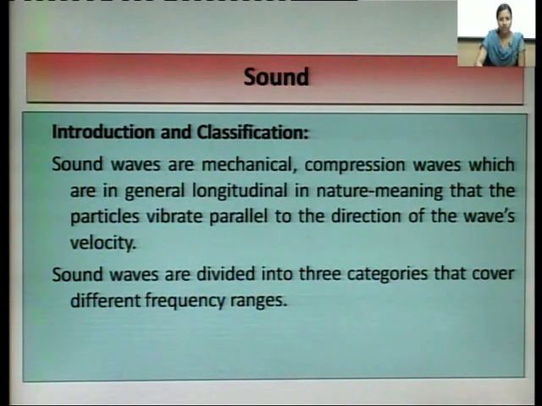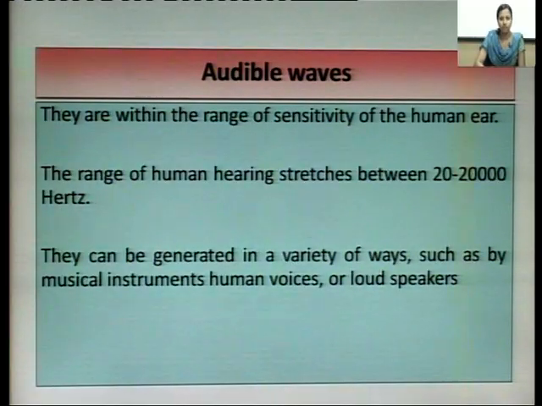Sound waves are divided into three categories based on the frequency ranges. First one is audible waves. As is clear from the name, audible means we can hear these types of waves.